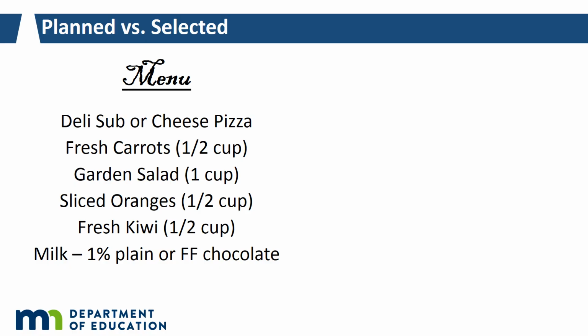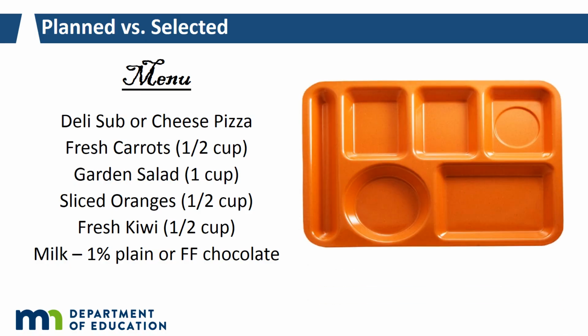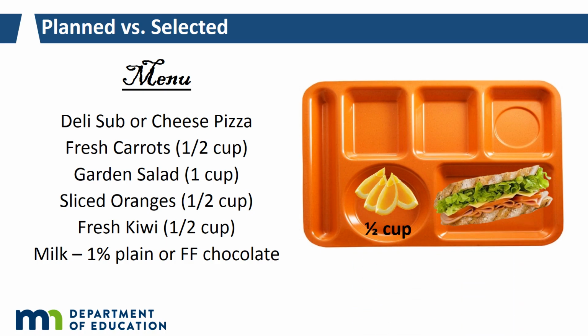So we have a planned menu here with several choices: a deli sub or cheese pizza, an assortment of fruits and vegetables, and a variety of milk. Students can only choose one entree, but they can choose from any or all of the other items on the menu. In this scenario, the student chooses to select the deli sub, orange slices in a half-cup portion size, and kiwi in a fourth-cup portion size.